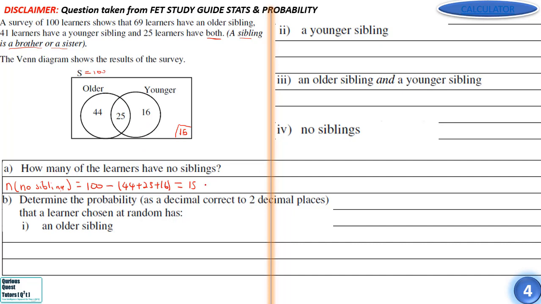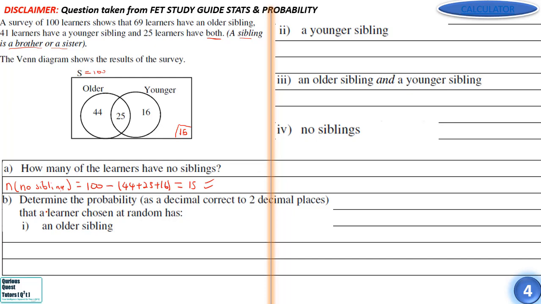And you would have gotten yourself at least about 2 marks here. I hope you understand how we got that. This is a very important skill that you must have to answer any question. Sometimes they will give you this and then ask you to determine this. You use the same idea even if they gave you 3 Venn diagrams, but that would be too complicated for you as a grade 10 learner.